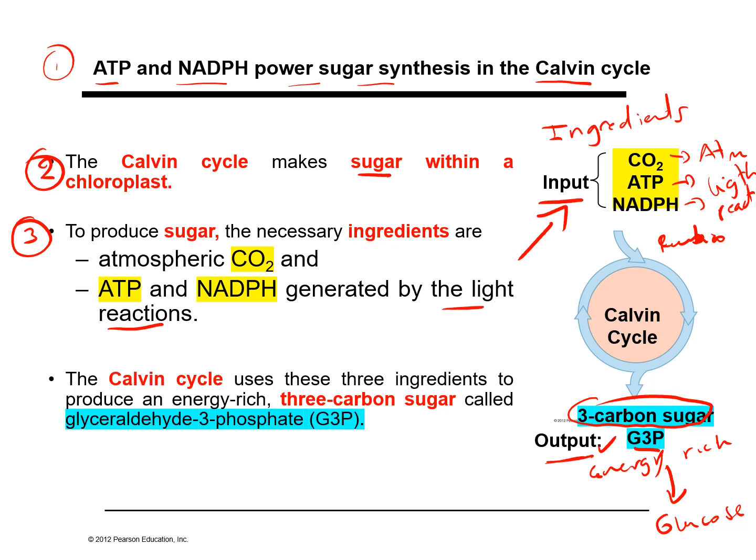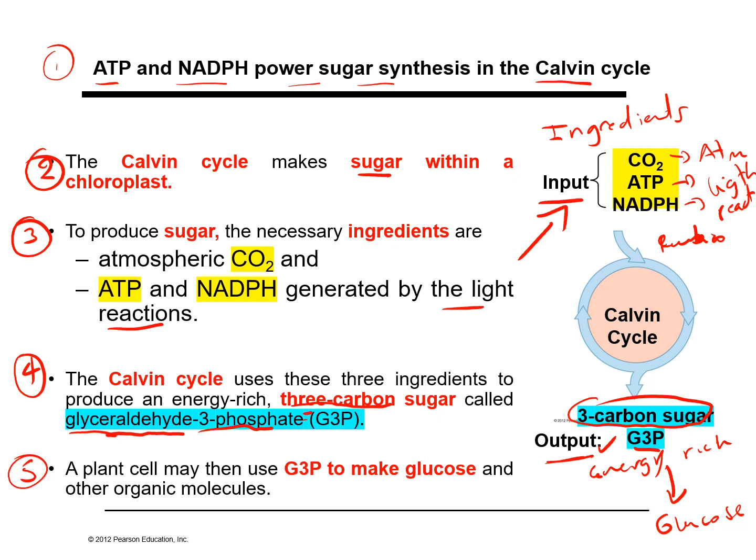And the fourth one is that the Calvin cycle uses these three ingredients to produce a 3-carbon sugar that is called glyceraldehyde 3-phosphate, or G3P. And finally, that a plant may use this G3P to make glucose and other organic molecules.